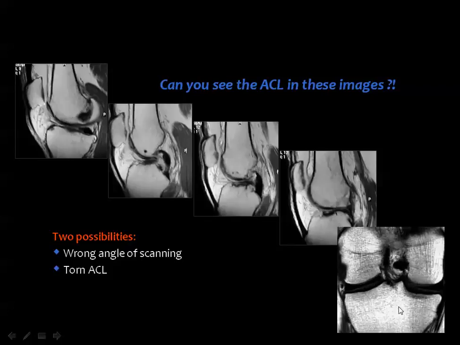If the anterior cruciate ligament is present, as here, then you know this is a wrong angle selection. But if you cannot see the anterior cruciate ligament in the notch and you see only the horizontal part of the posterior cruciate ligament, this sign is known as the empty notch sign, and then you know that the anterior cruciate ligament is torn.